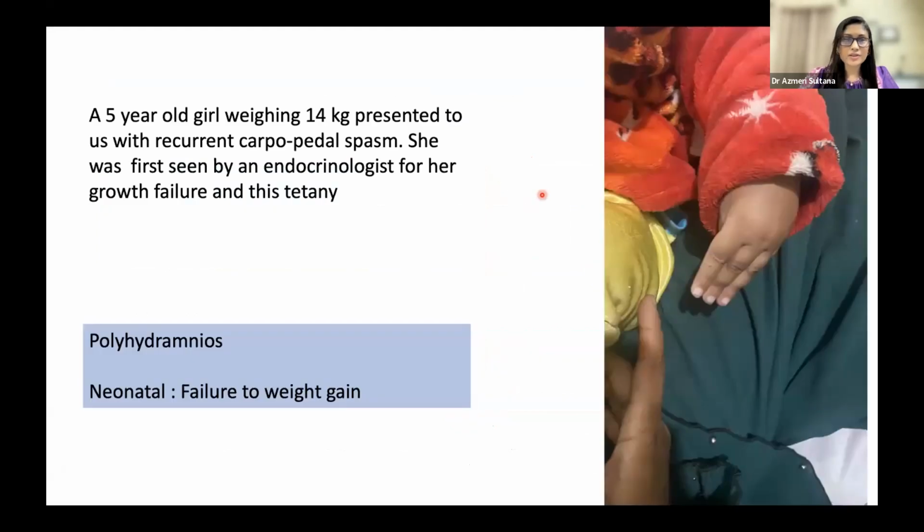Let's discuss a case scenario. This 5-year-old girl with severe failure to thrive presented to us with carpopedal spasm and tetany. She was first seen by an endocrinologist, who referred her to us suspecting a case of tubulopathy. The mother had a history of polyhydramnios during pregnancy, and the child had severe failure of weight gain in the neonatal period.